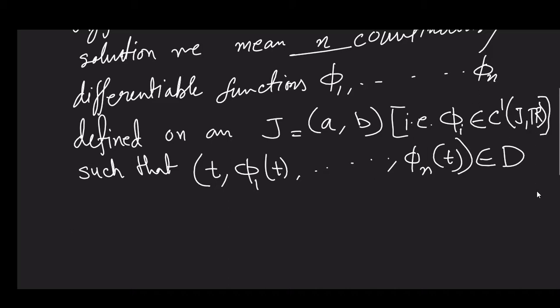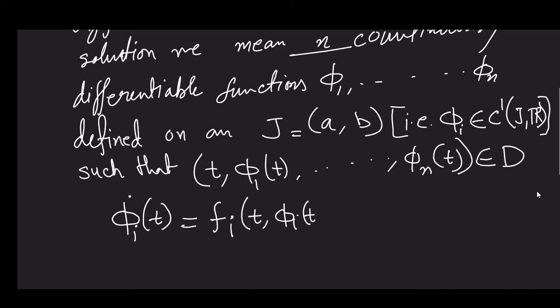If you ask me to write it in a mathematical way, it is simple: the time differentiation of this phi i yields this one, or better to write it not for all i, rather to write all of them individually.